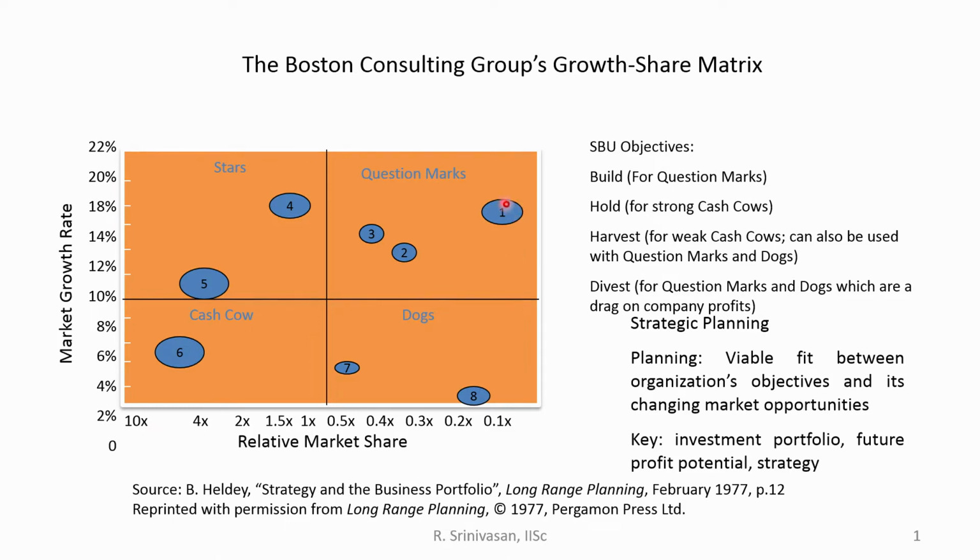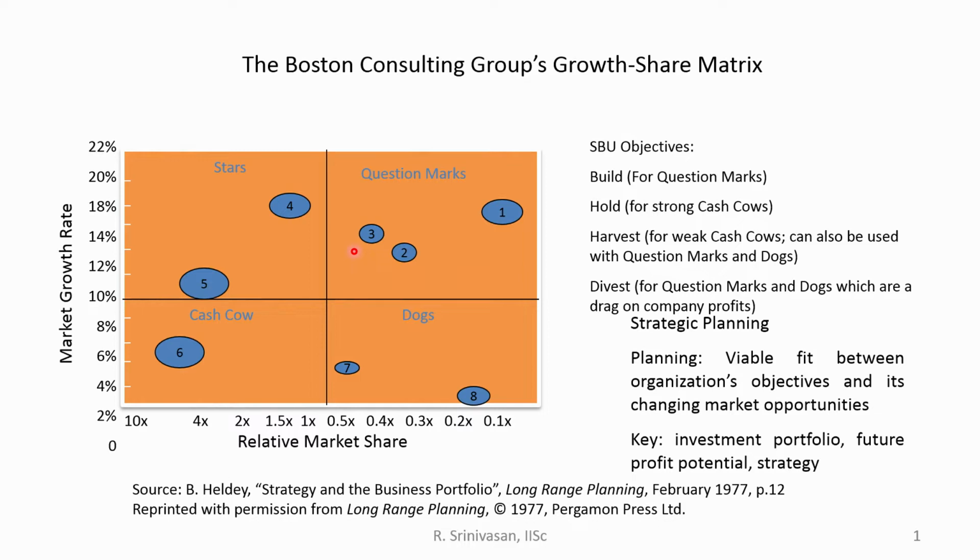So, for this company, when this diagram was drawn by BCG, they had in mind a pharmaceutical company, and for this pharmaceutical company, these 3 SBUs were shown. So, 1, 2 and 3.